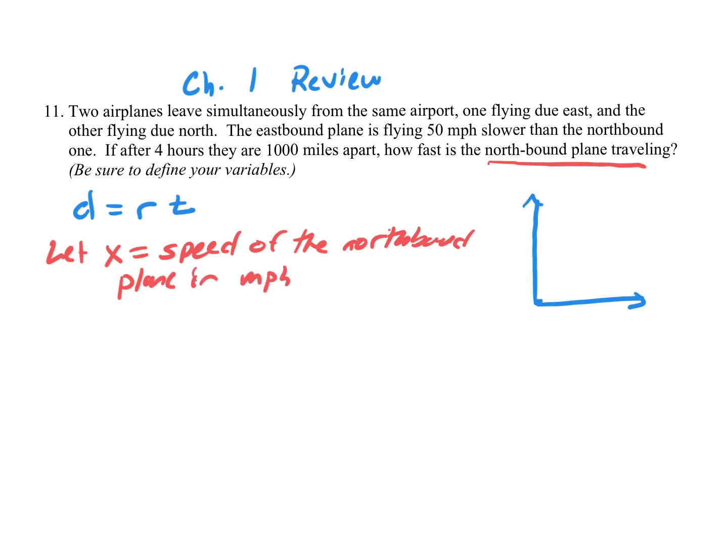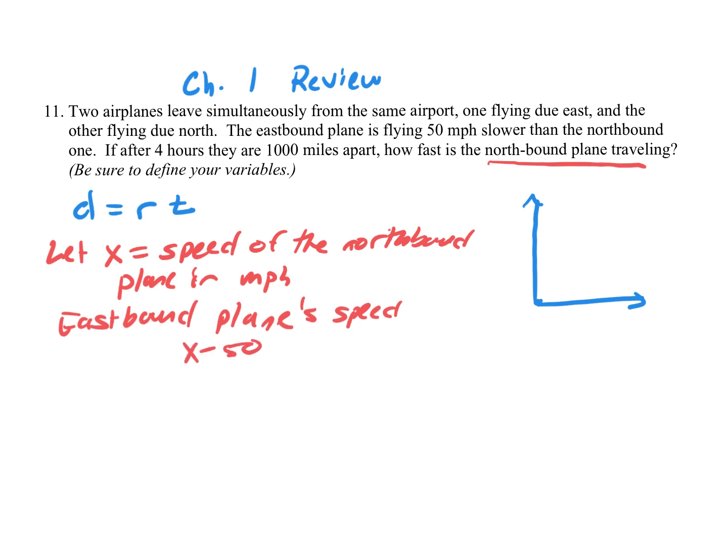If x is the speed of the northbound plane, then the eastbound plane has a speed of 50 miles per hour less than the northbound plane. So the eastbound plane speed is going to be x minus 50.